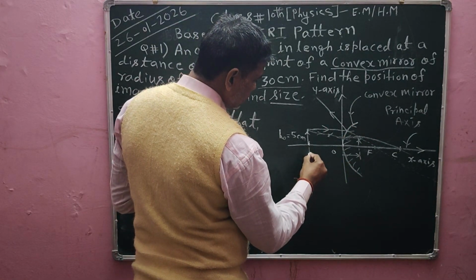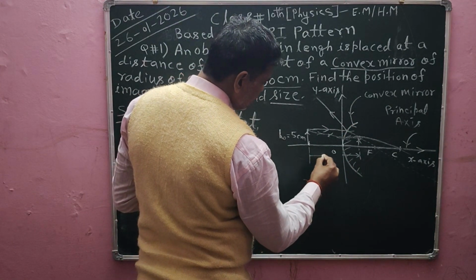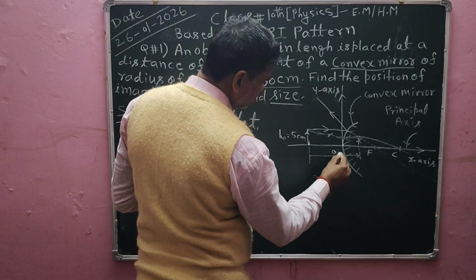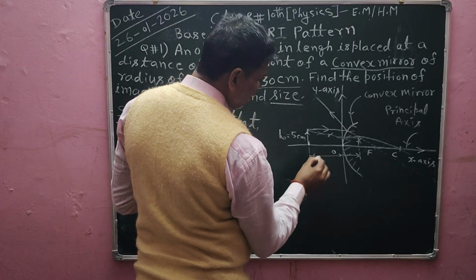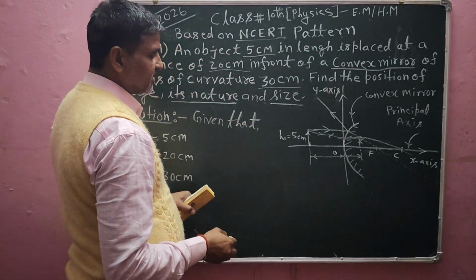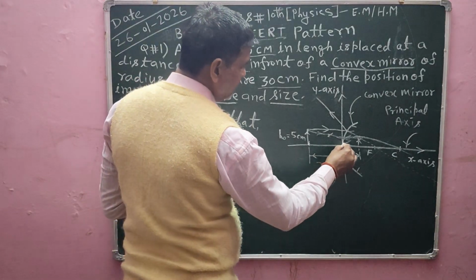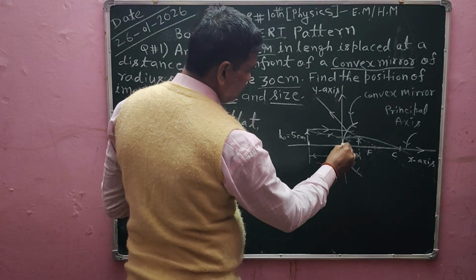And this distance I will say is the object length from the center of the convex mirror.